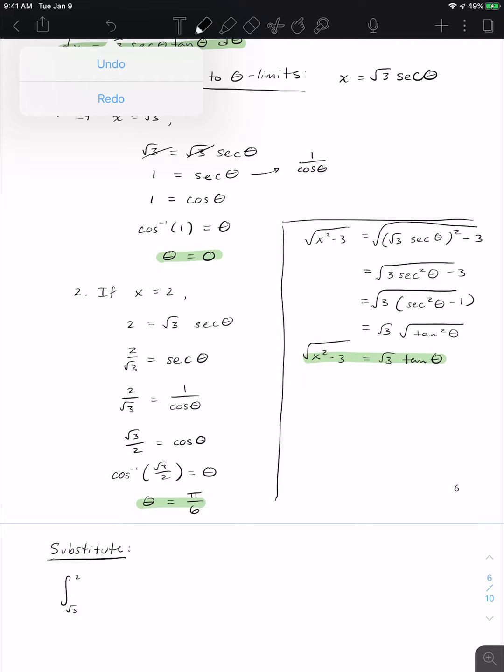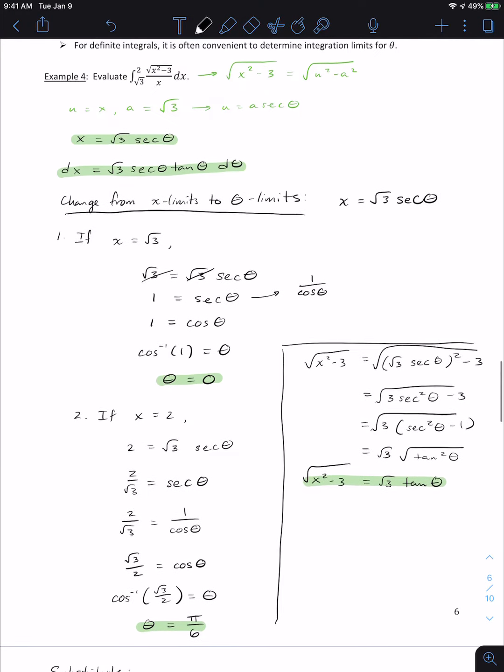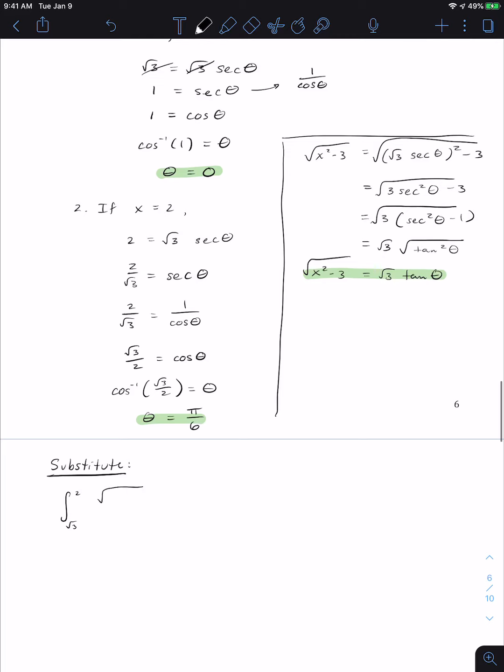Okay, so now I can substitute. So again, let's write the original problem. The integral of the square root of x squared minus 3 over x dx. So first we can substitute our limits, right? Our limits we said were 0 and pi over 6. Now instead of the square root of x squared minus 3, I get radical 3 tangent theta.